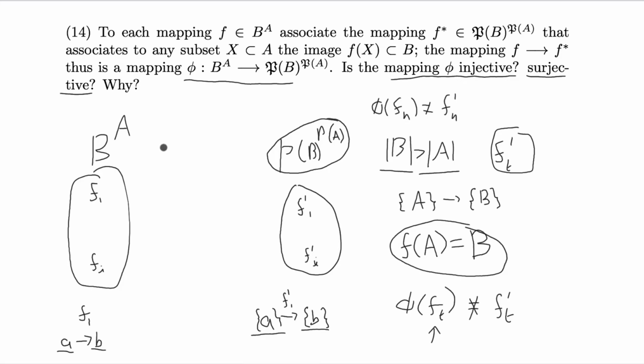Meanwhile, let's consider injectivity. For injectivity, let's use that we have equal outputs, and we're going to show that implies equal inputs. So let's consider phi of f1 is equal to phi of f2.